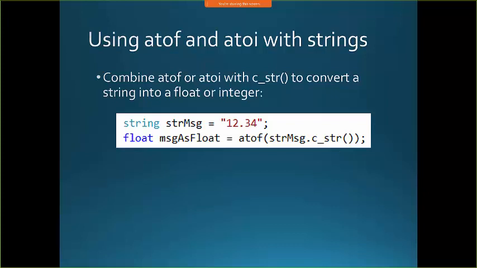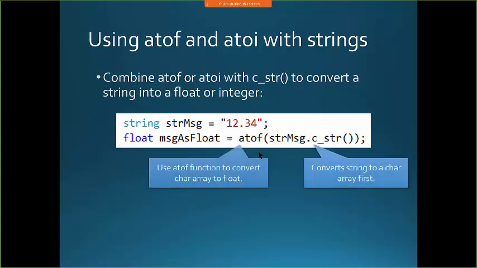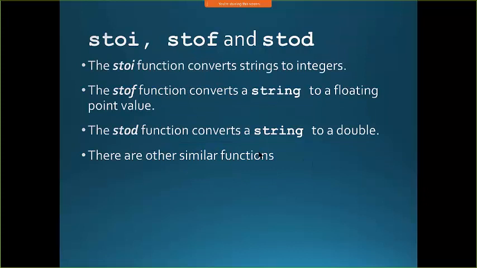And so you could use ATOF and ATOI with strings. You would use this approach: you'd c_str your string, and you could use ATOF, but we don't need to use that. STOF basically does that for us. But there was a time you had to do it that way. And so we're going to primarily be using STOI, STOF, and STOD. STOD converts to a double.